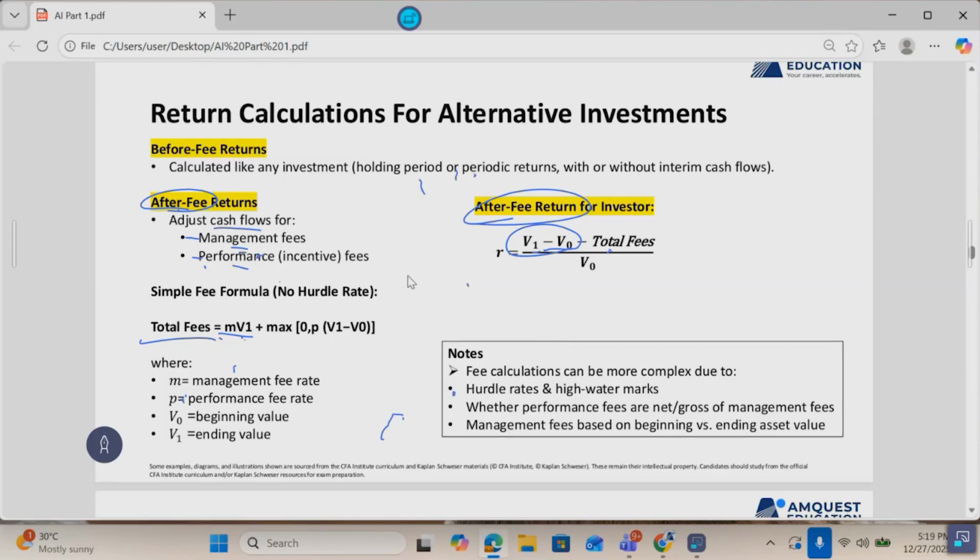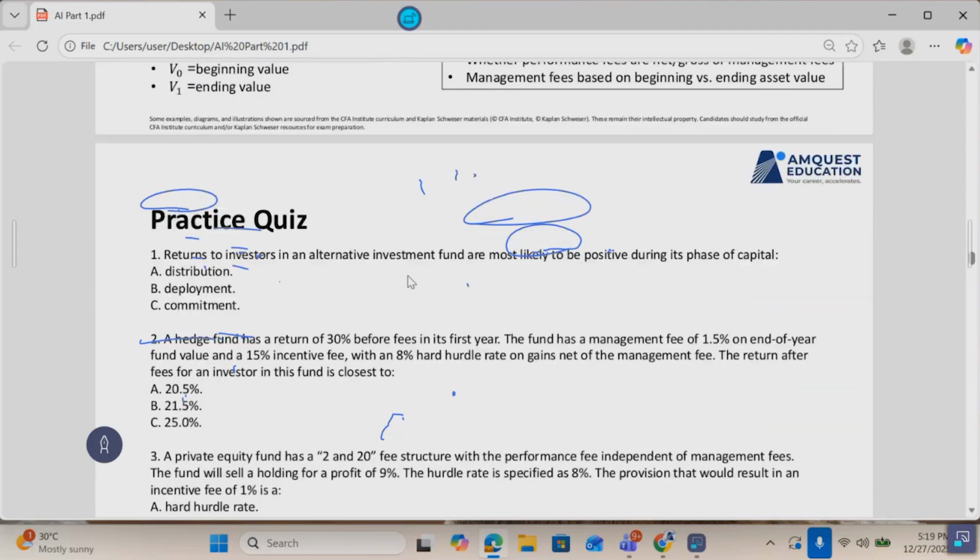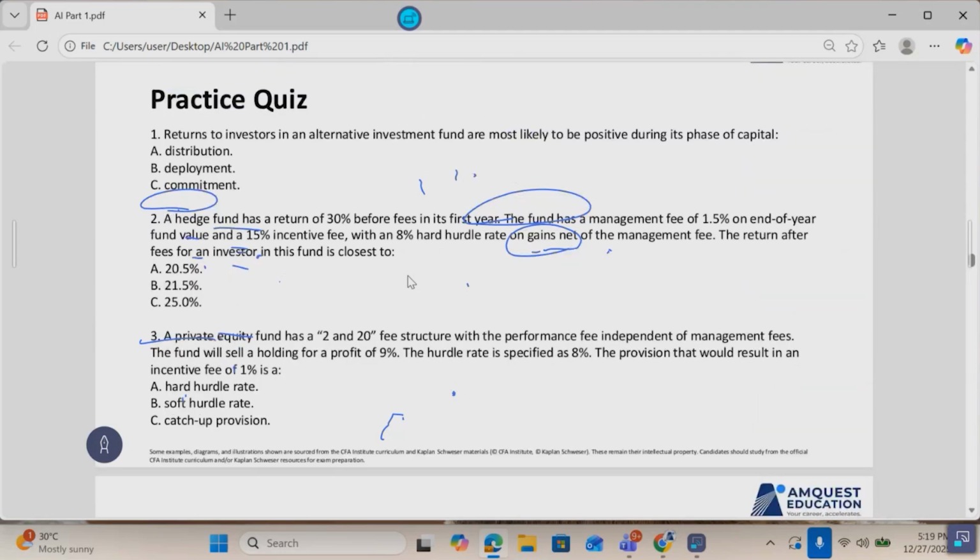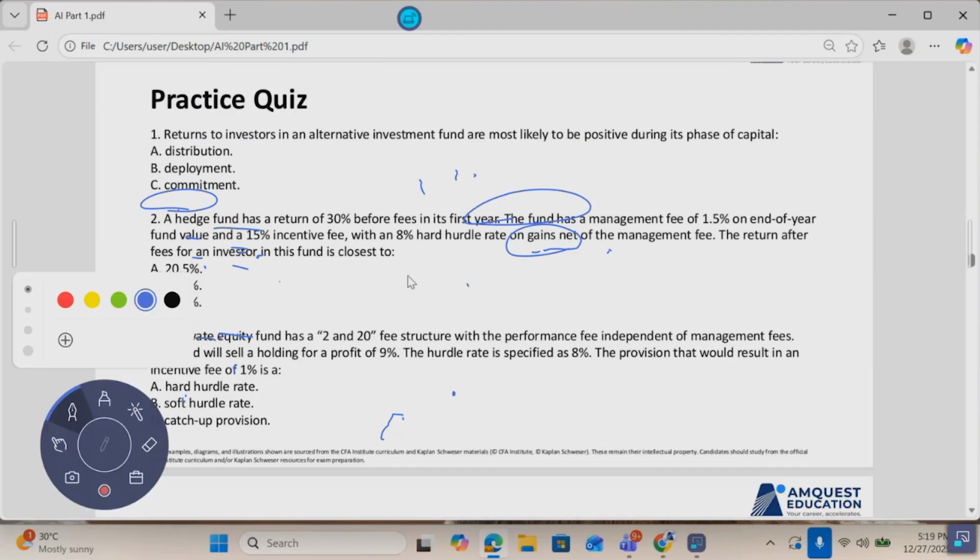You can say, boss, any return above the watermark, any return above the hurdle rate, you can use that to find out the comparison. Clear? So this is for the after fee returns. What are the returns I'm going to earn? This is based on the entire concept of fees, the computation, the hurdle rate, and how you present the total returns and percentage formula.